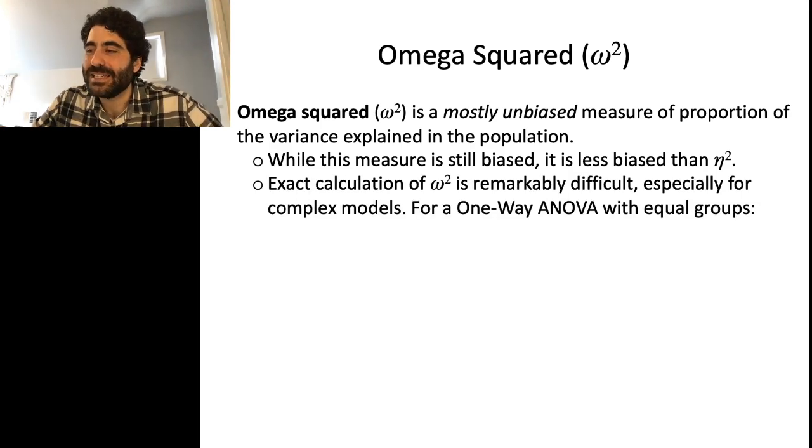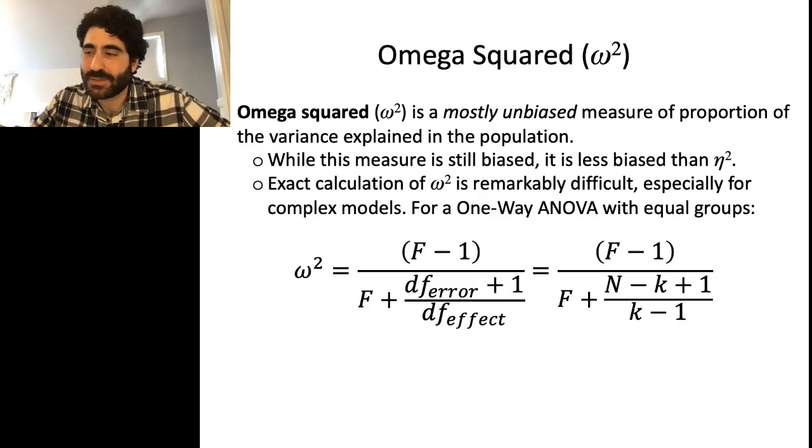Another problem is that if your model is complicated, and we haven't talked so much about how ANOVAs can be complicated, but if you have multiple interacting groups, for example, it's really hard to even figure out how to write this down. But if you're in the simplest case, which is that you have a one-way ANOVA, meaning you have a single set of group labels and a single outcome, and all the groups are the same size, then the formula is pretty simple.